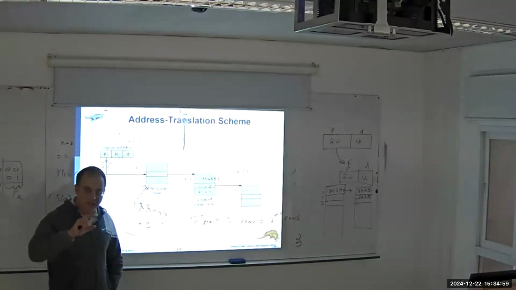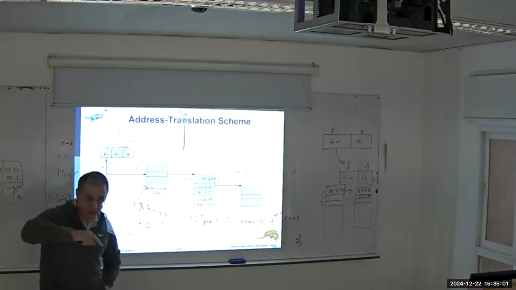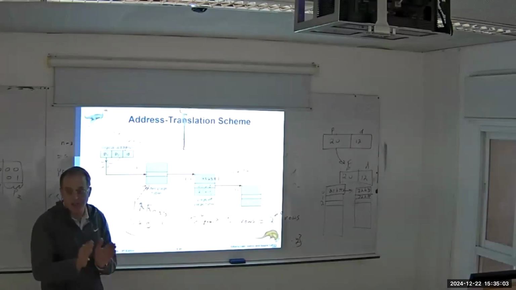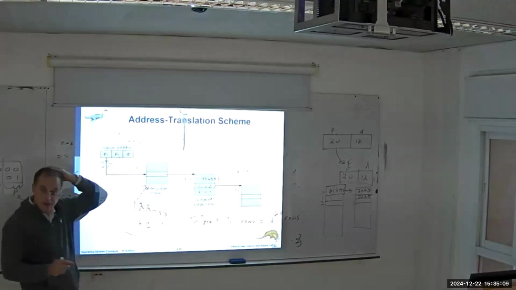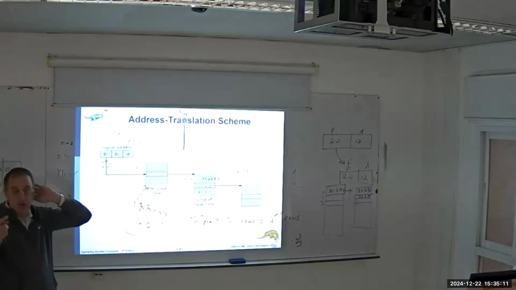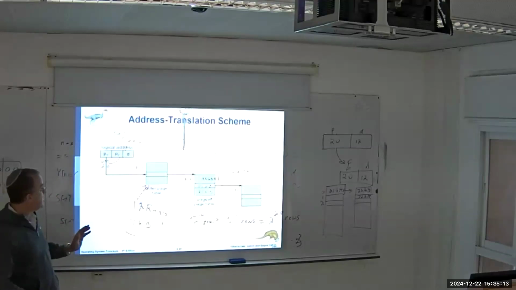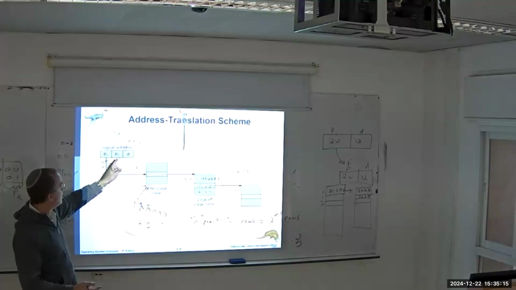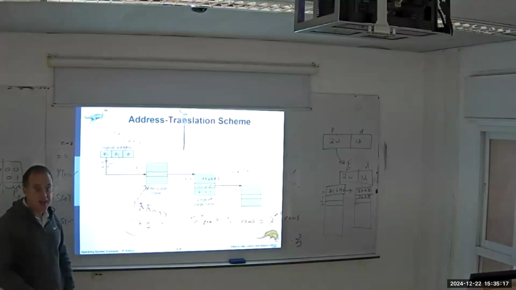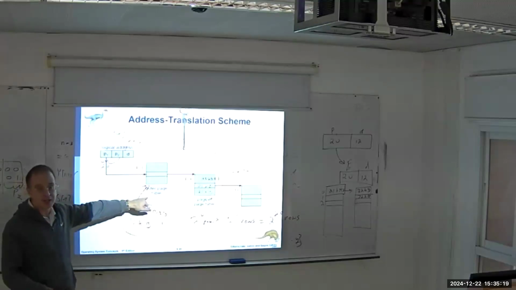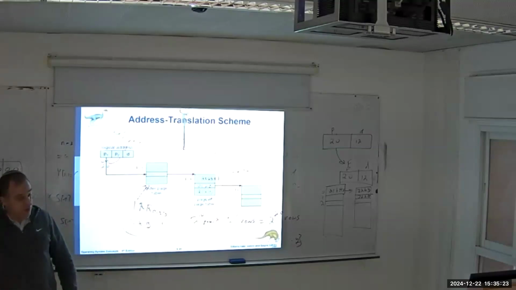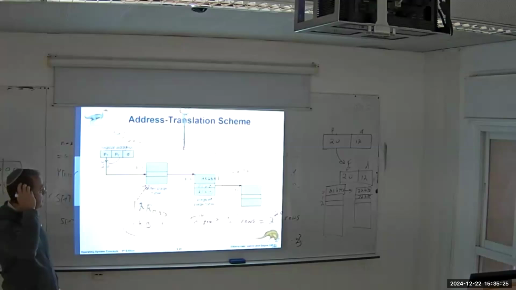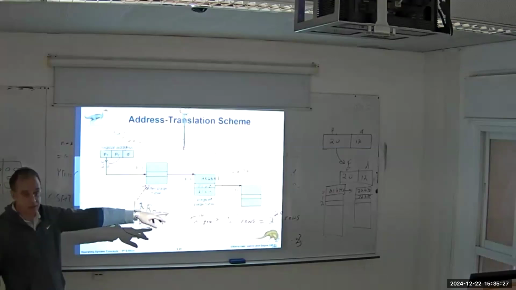Each byte has an address, not each bit has an address. So if I have 2 to the 12 addresses, I have reference to 4 kilobytes, which means that if I divide this by 12 and 10 and 10, then I can actually fit the outer page into one page and everything is beautiful.